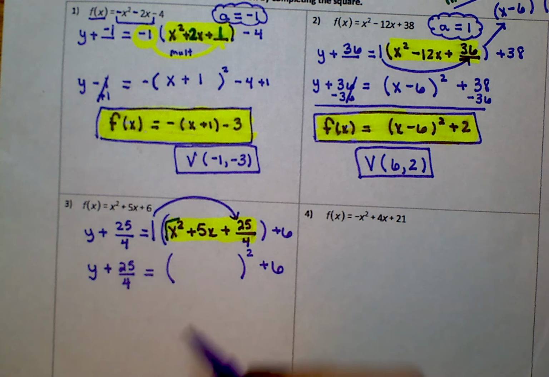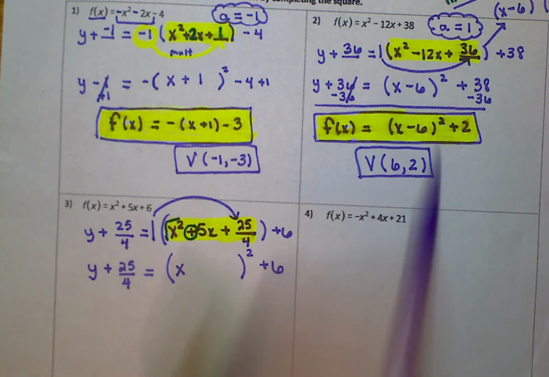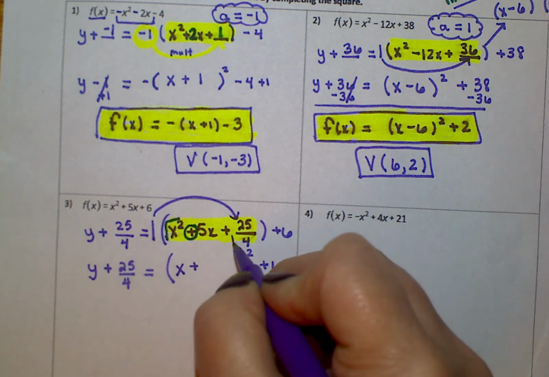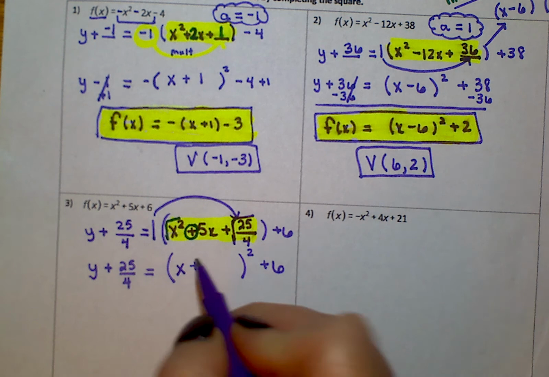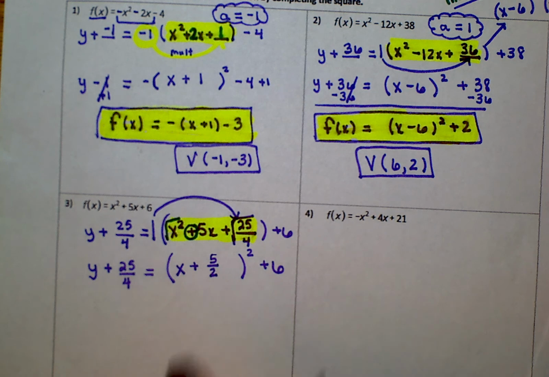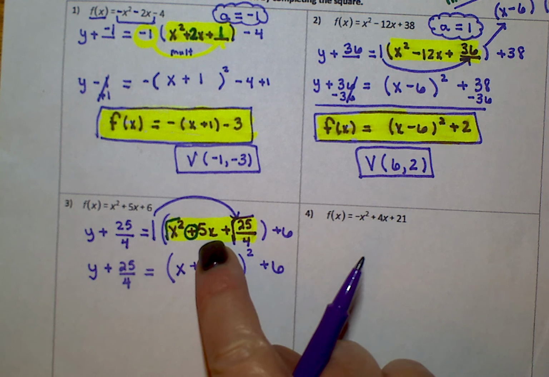You think about the square root of that, which would be x. You always keep the first sign, which is plus. And you think about the square root of 25 and the square root of 4. They're going to be perfect squares, so that would give you 5 halves. If you added 5 halves and 5 halves, you would get 10 halves, which would go to 5.